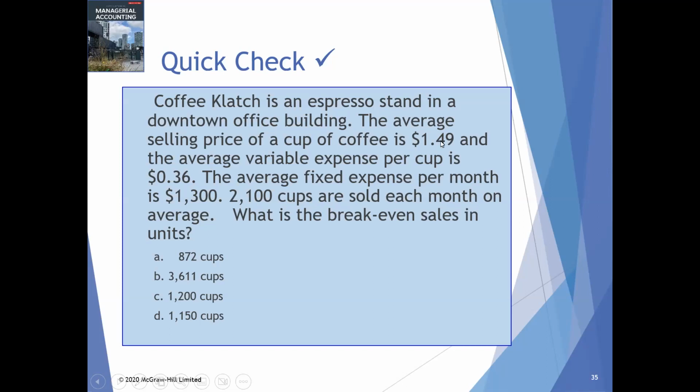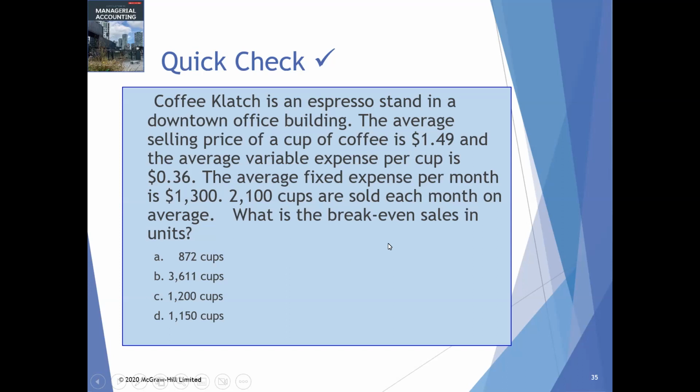The average selling price is $1.49 a cup, and the average variable expense per cup is $0.36. Average fixed expenses per month are $1,300, and 2,100 cups are sold each month on average. What is the break-even sales in units? Now you are going to calculate this.